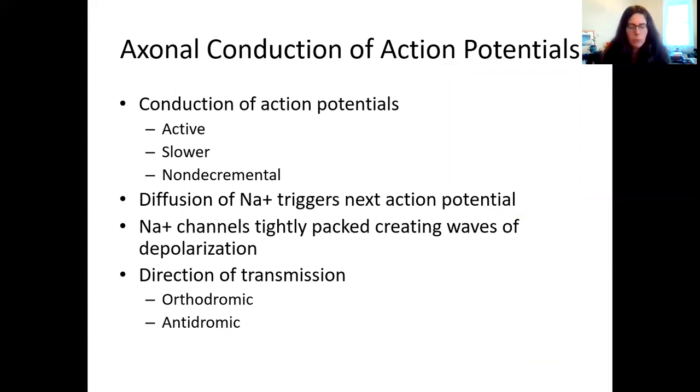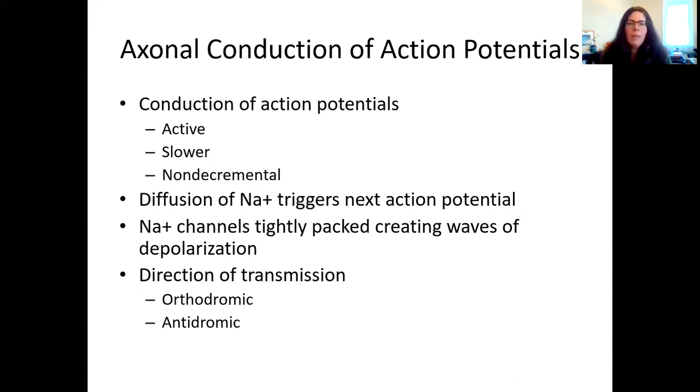Okay, so let's talk a little bit about axons and the conduction of an action potential. Not all axons are myelinated, right? Myelin is that fatty substance that insulates an axon, but not all axons have myelin.